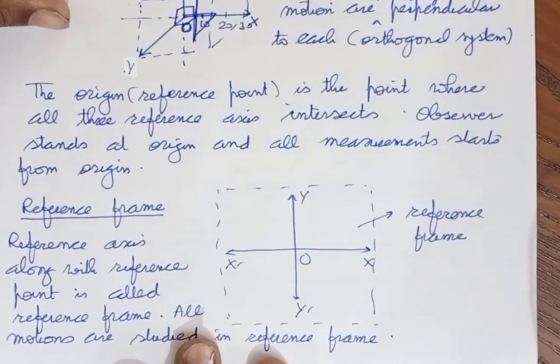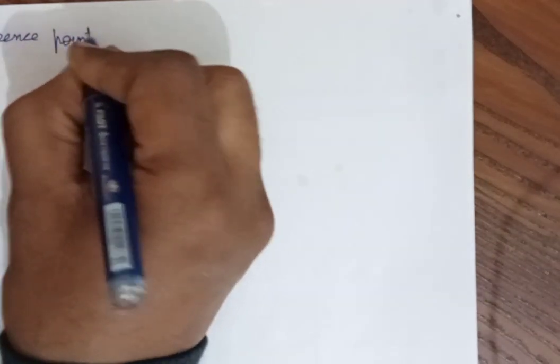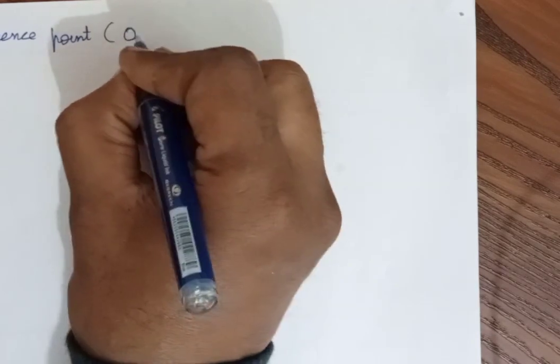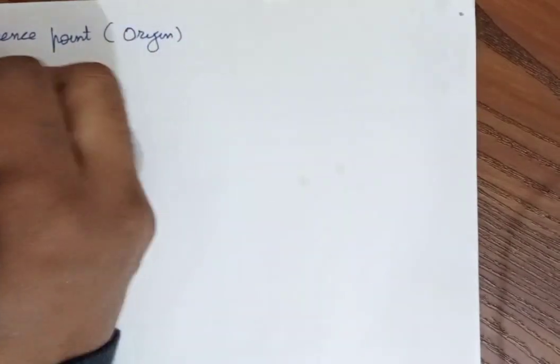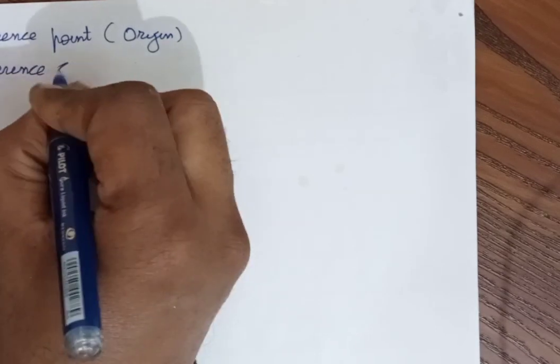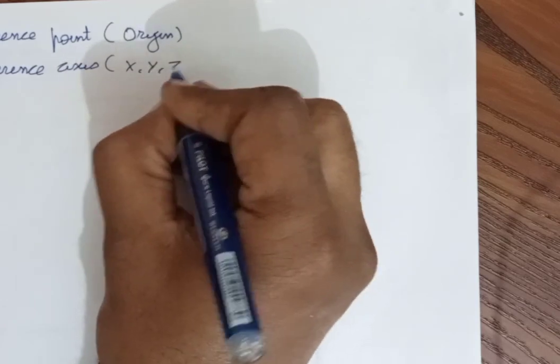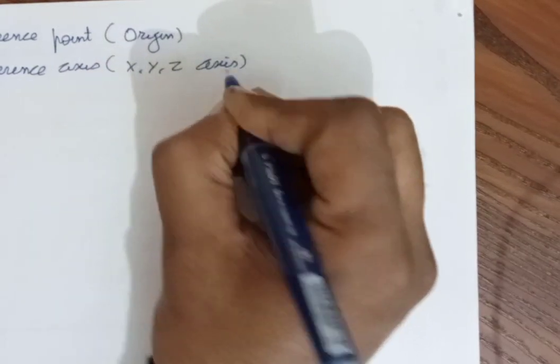See, we have seen three things that you should add here. What are the three things? Reference point, that is origin. Next is reference axis, that is x, y, z axis.